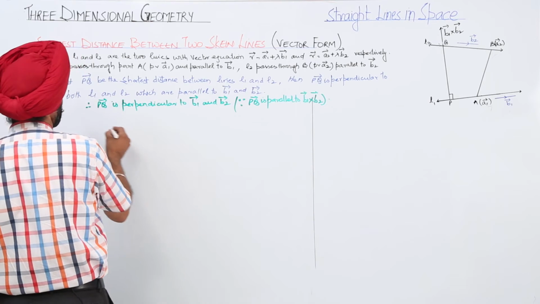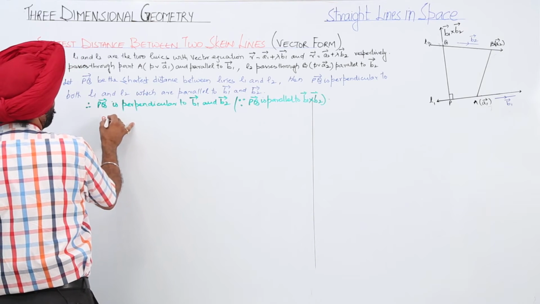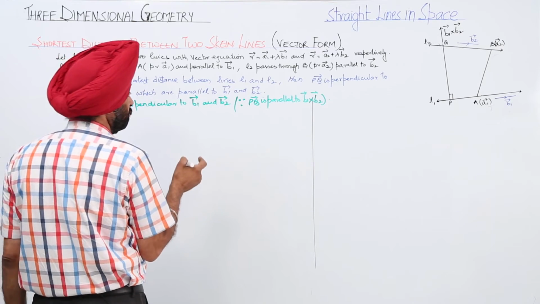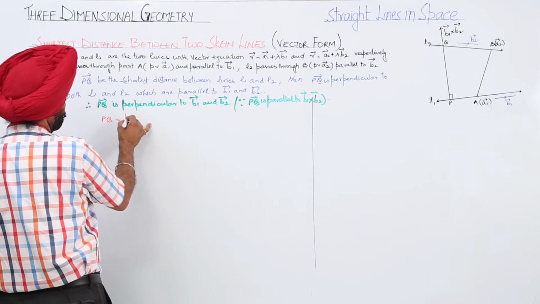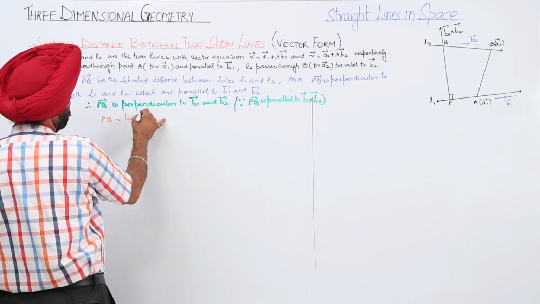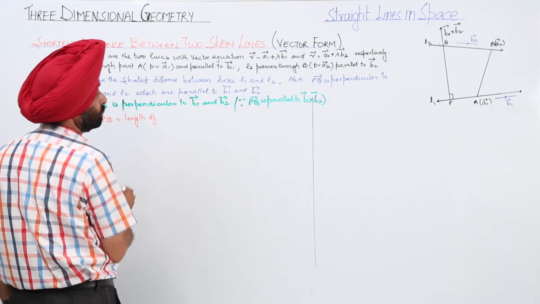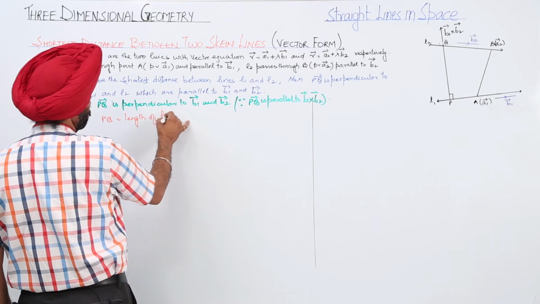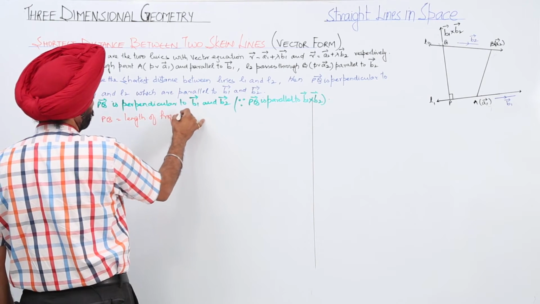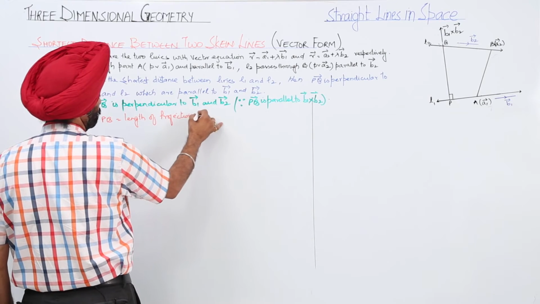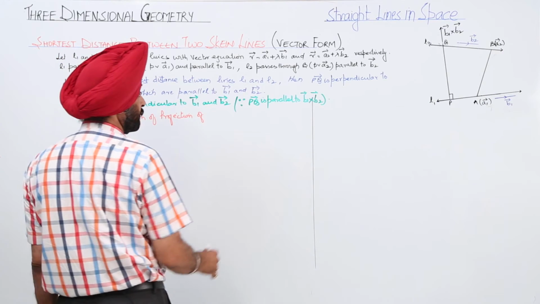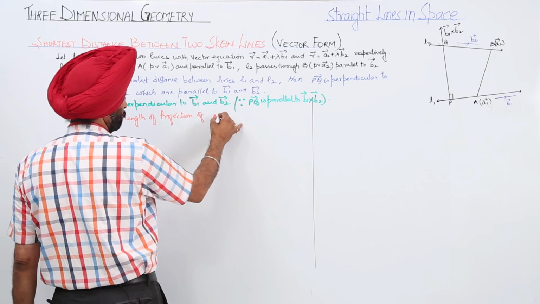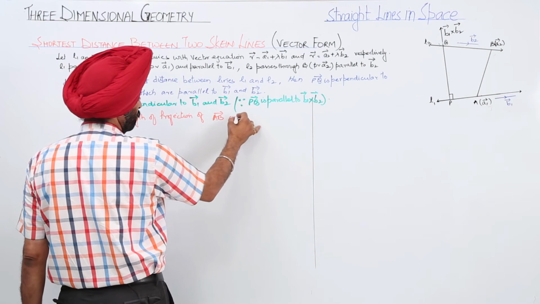Now from the figure it shows that PQ is equal to the length of projection of AB on PQ.